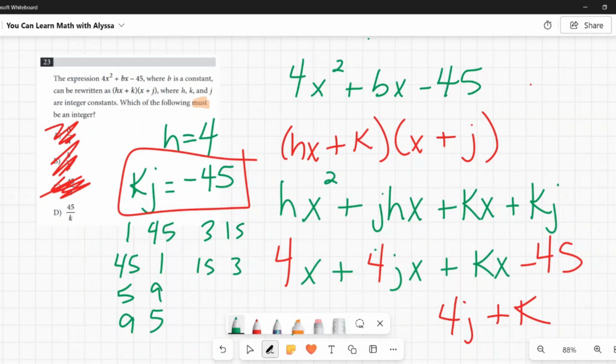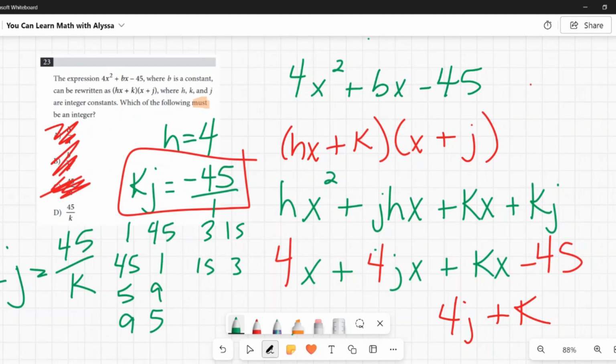It has to be, because k times j is that. You can adapt this algebraically: I'm dividing both sides by k, and if I divide by a negative k on both sides, I end up with negative j equals 45 over k. That's your algebra version of it. But again, we know j is an integer, so negative j is also an integer.